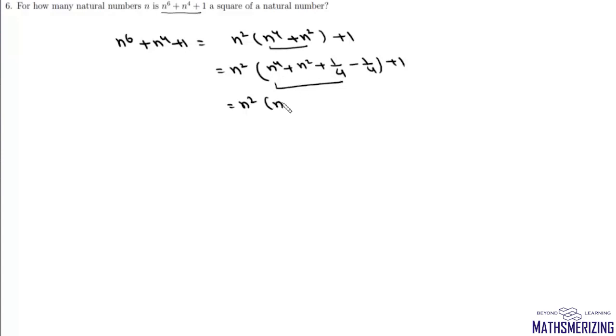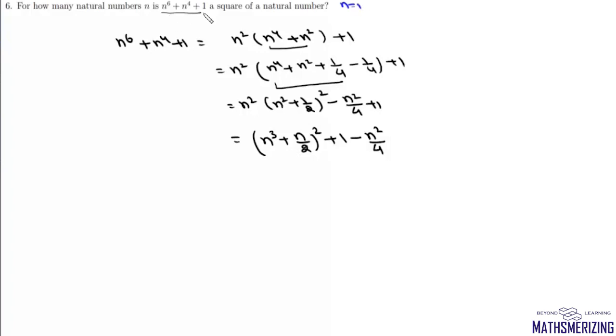So it'll be n square plus 1 by 2 whole square, and then minus n square by 4 plus 1. So we can actually write this as n cube plus n by 2 whole square, plus 1 minus n square by 4.